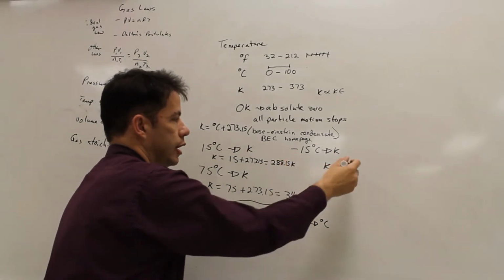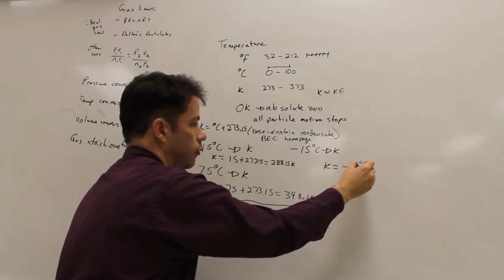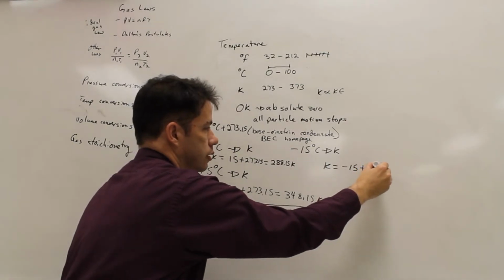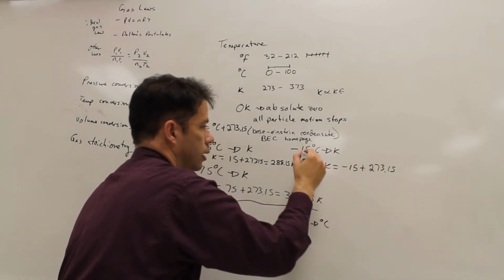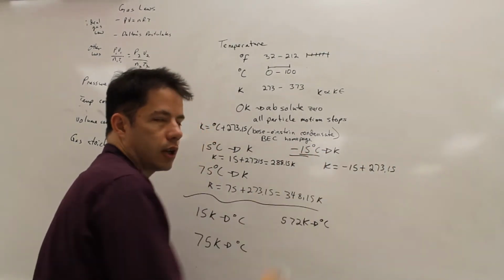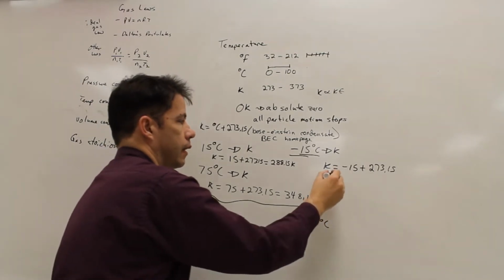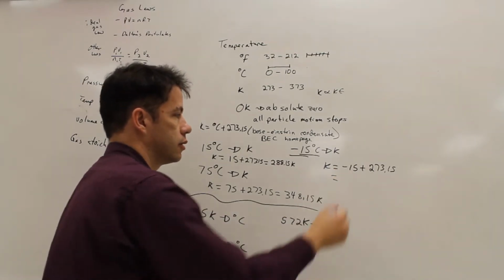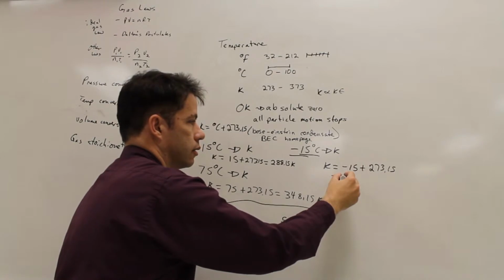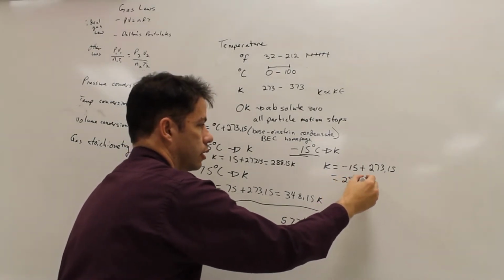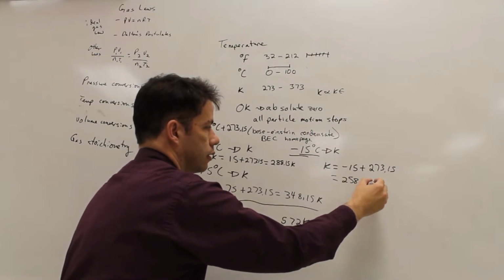With negative 15, you just put negative 15 plus 273.15. So whatever your degrees Celsius is, that's what you put in. Okay? And so that's going to give us, what is that? I had to give myself a hard one. 258.15 Kelvin.